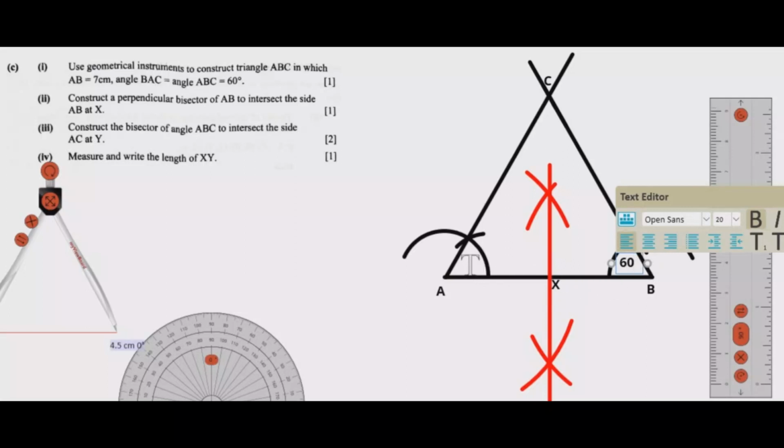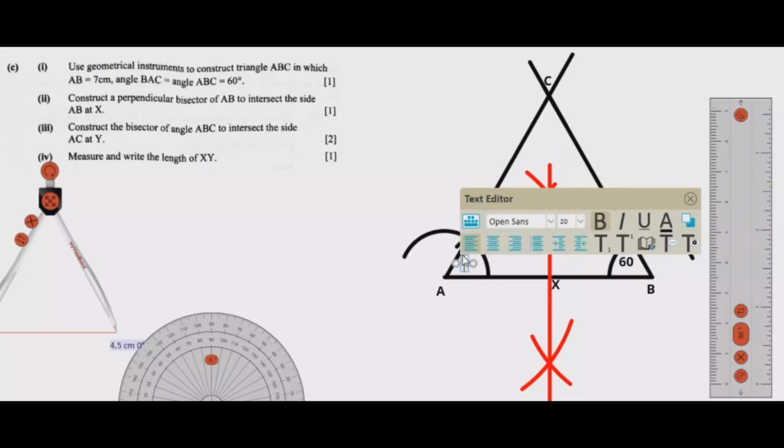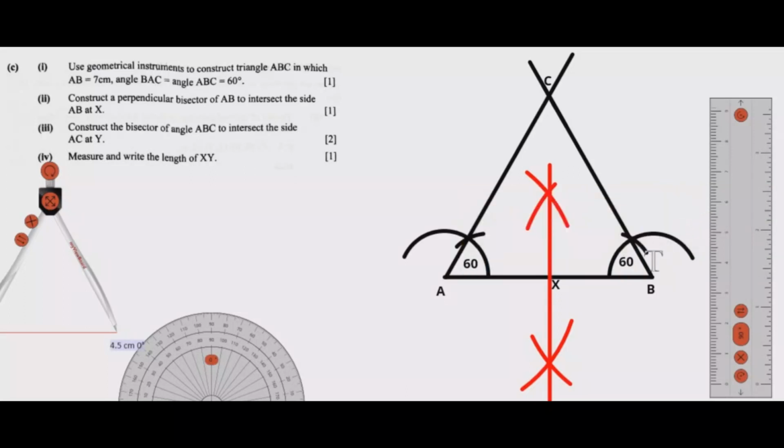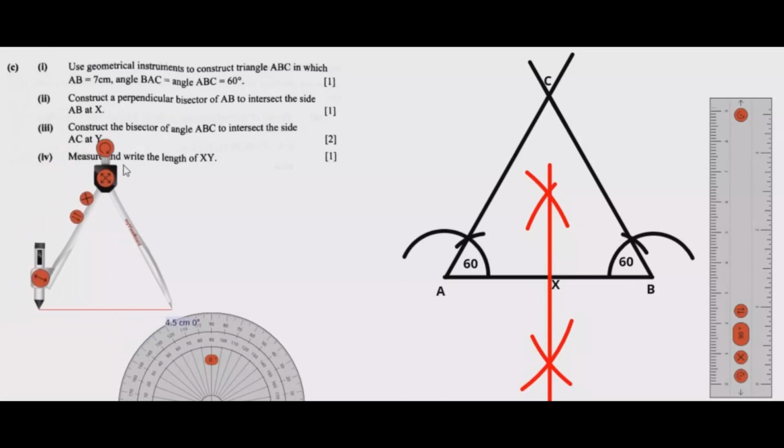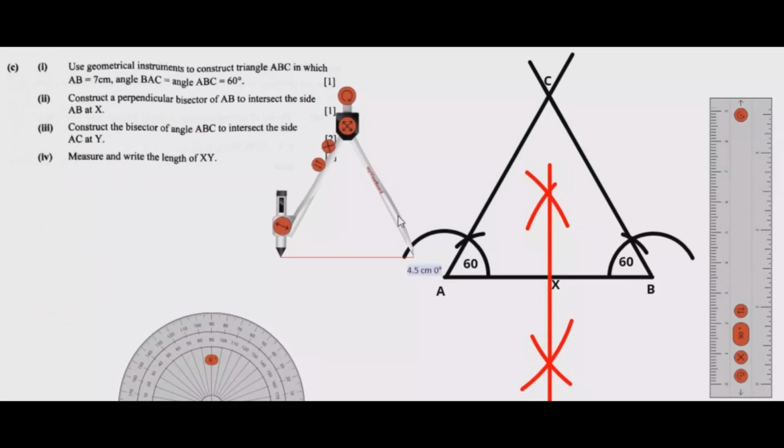Now what we need to do is to bisect this angle. I encourage you to construct an independent arc that cuts across the line BC and the line AB.